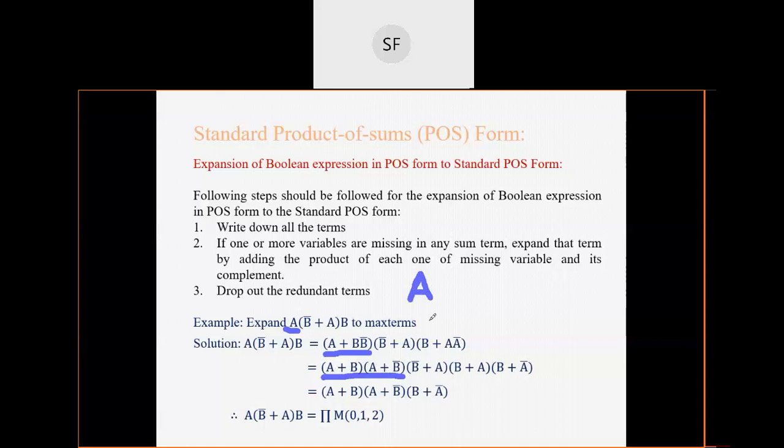Then a into b bar, so a into b bar will be as it is, a into b bar, then b into a, so I am writing it as ab, b into a is nothing but ab, and final will be b into b bar, so b into b bar is nothing but 0, है ना.